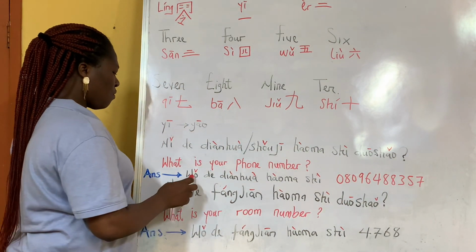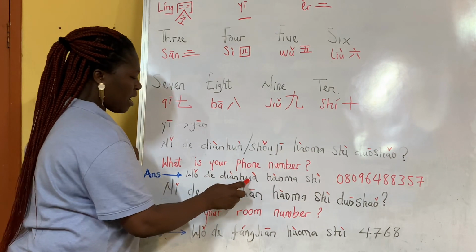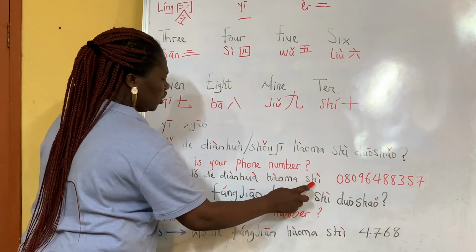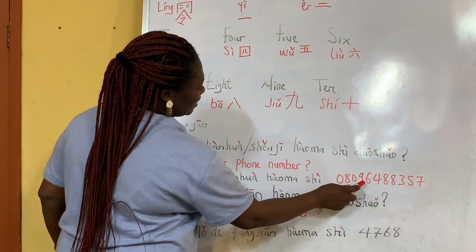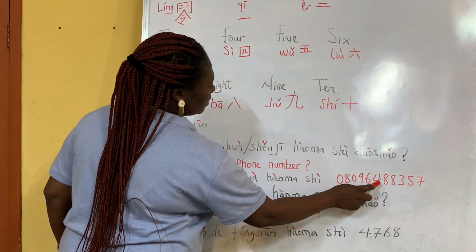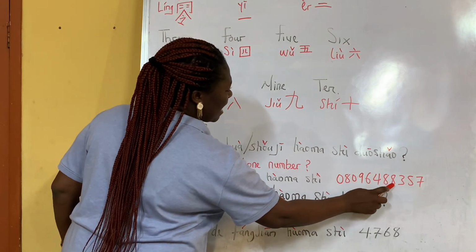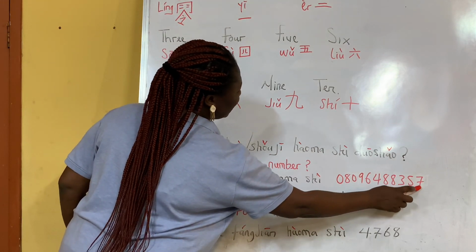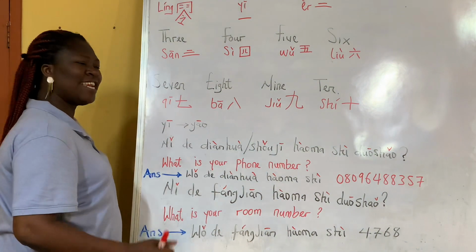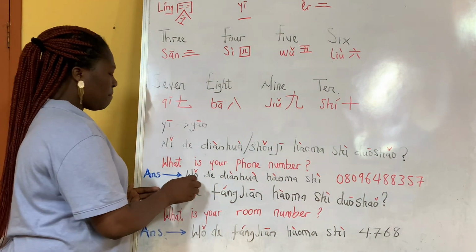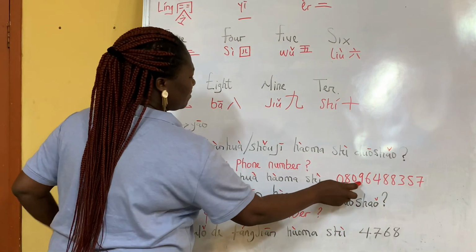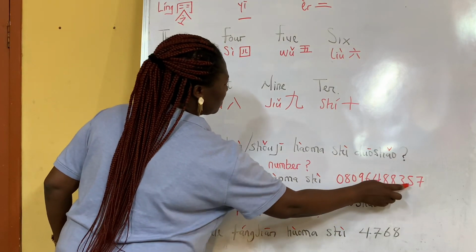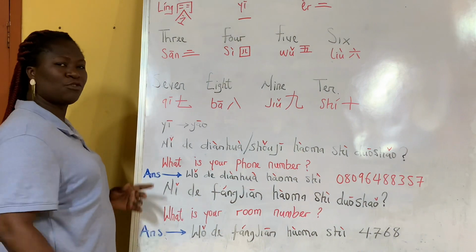You say 我的电话号码是08096488357. Okay, let's do it again. What's the meaning? My phone number is 08096488357.